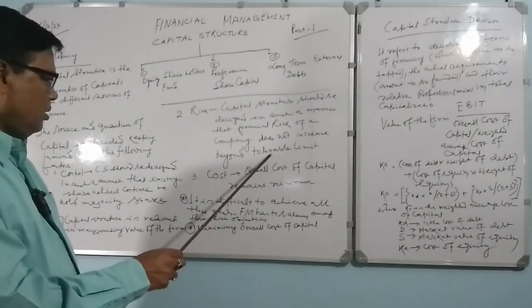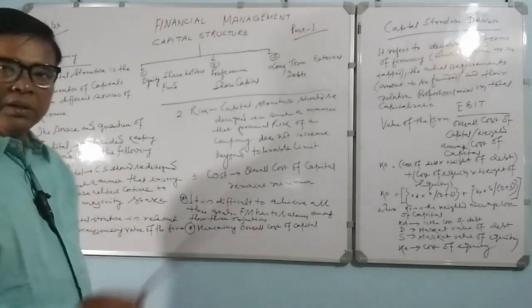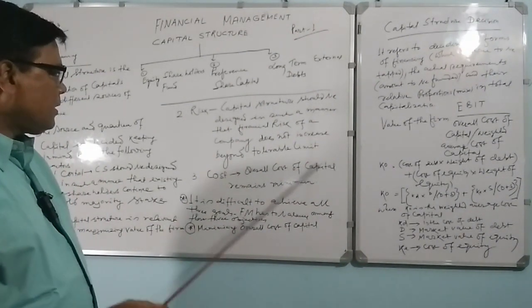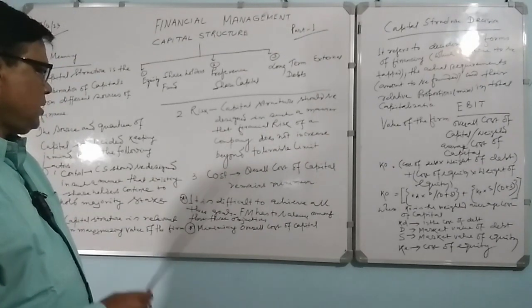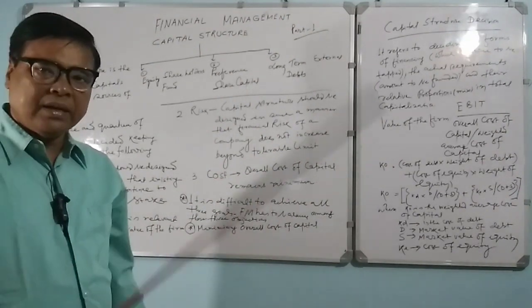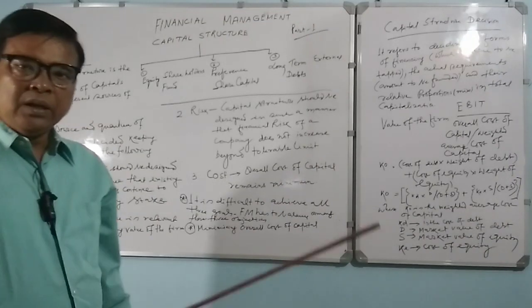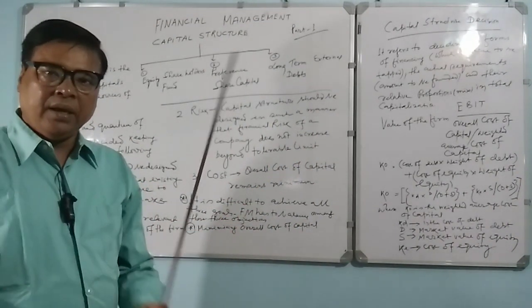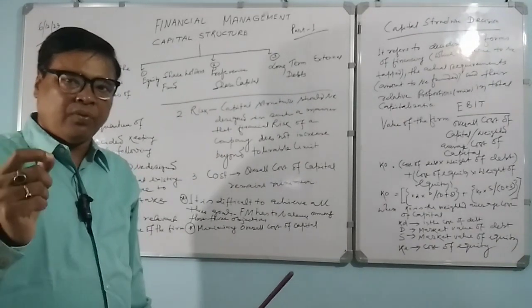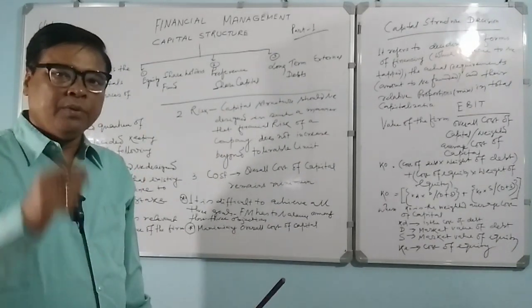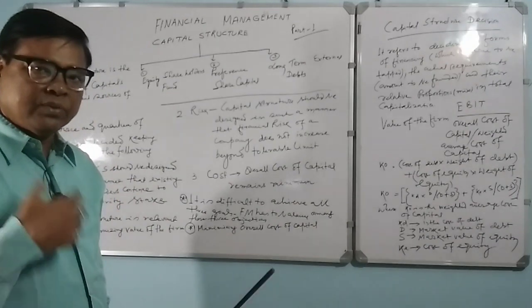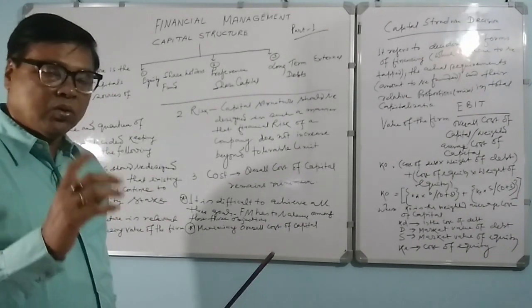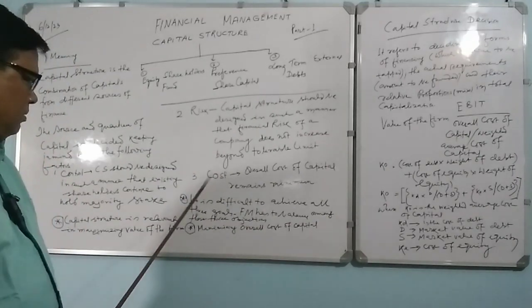Tolerable limit means that risk could be there, but your composition should be such that the financial risk of the company does not go beyond the controllable limit. Everything has some limit for controlling. If you do not control it, nothing will happen. So that's why the risk factor also you have to take into consideration.